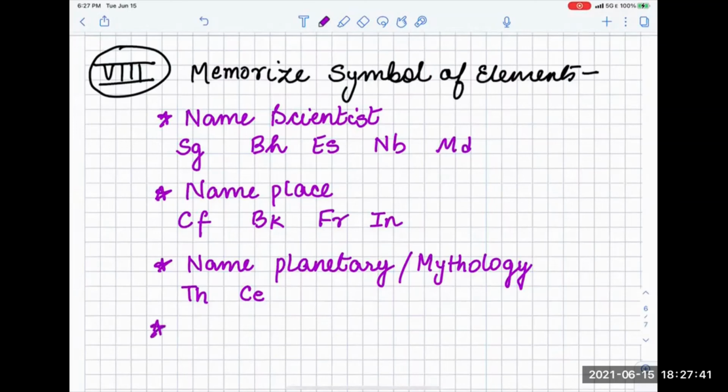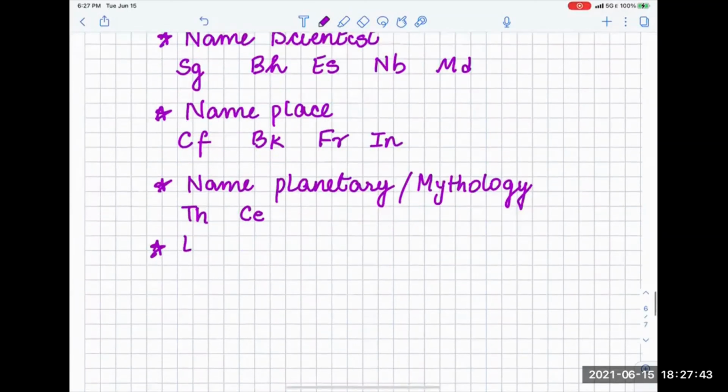Now there are some of them that have their Latin names. For example, potassium is K, sodium is Na, iron is Fe, copper is, I think, Cu, I'm not sure.